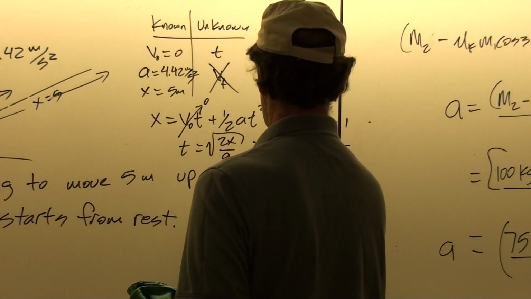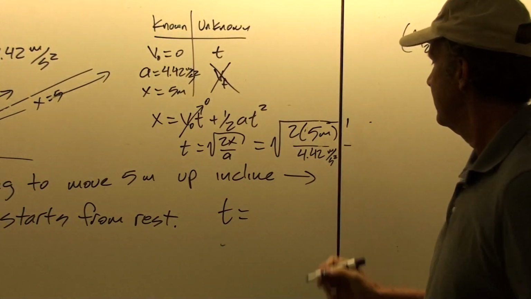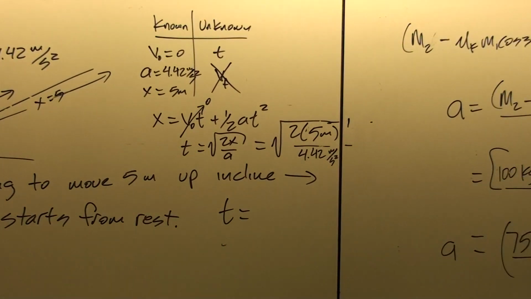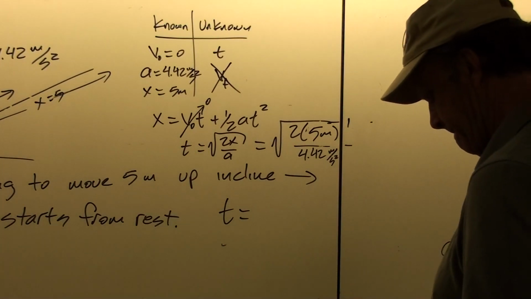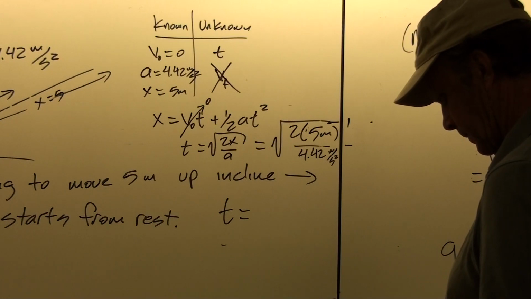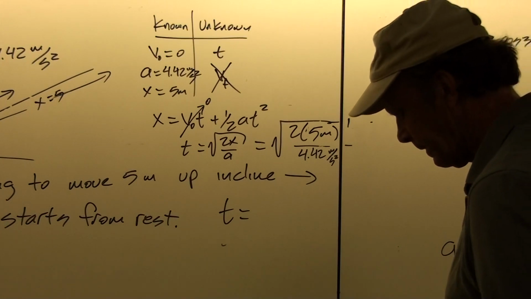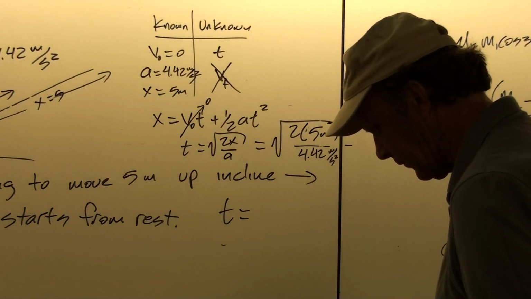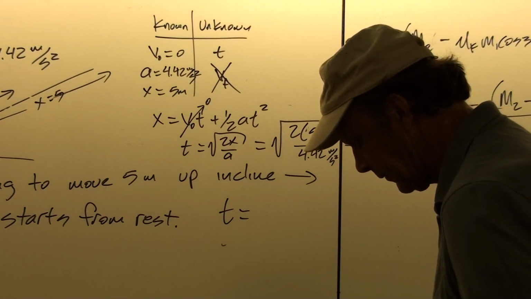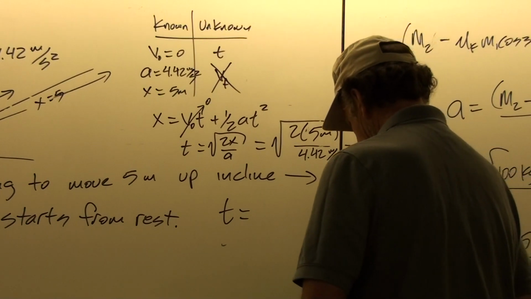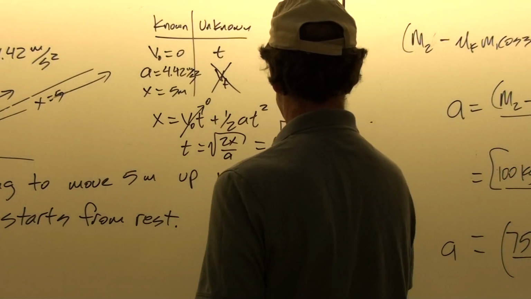Okay, so the time then is going to be 10 divided by 4.42 square root. And that gives us 1.5 seconds.